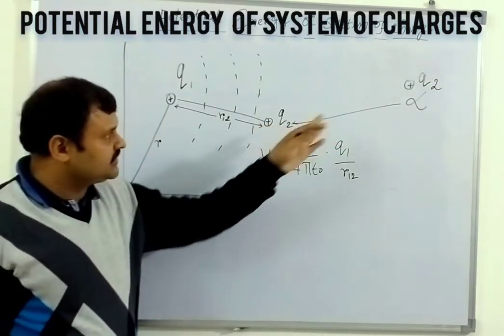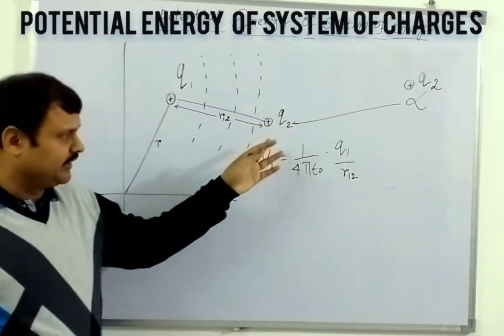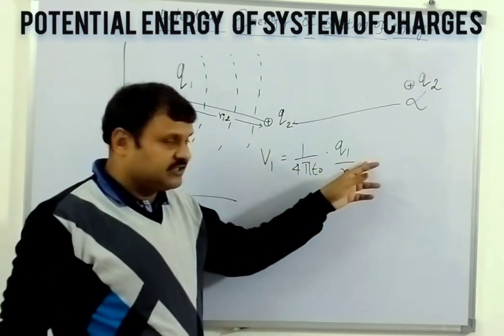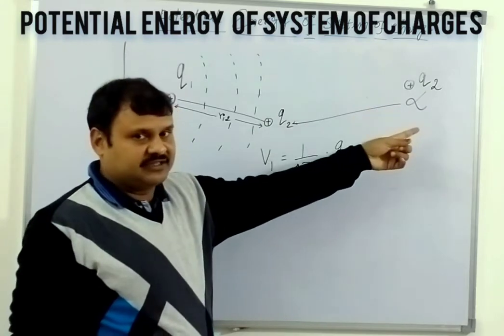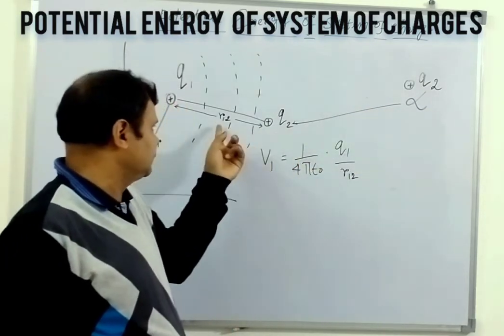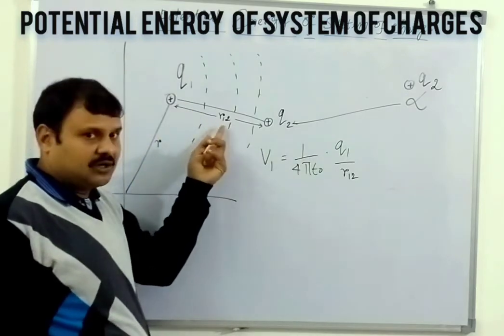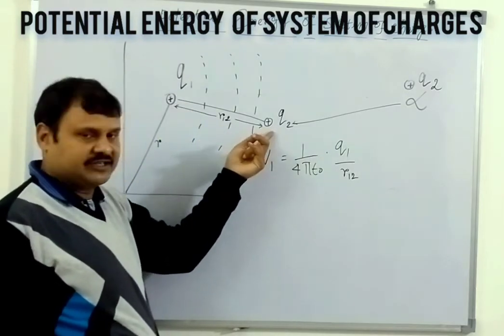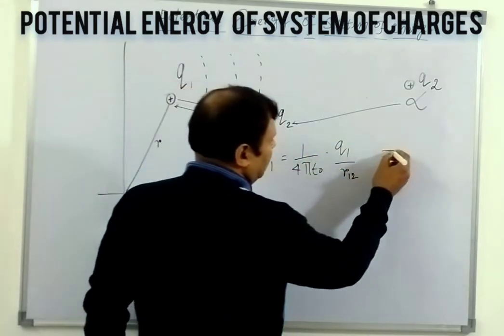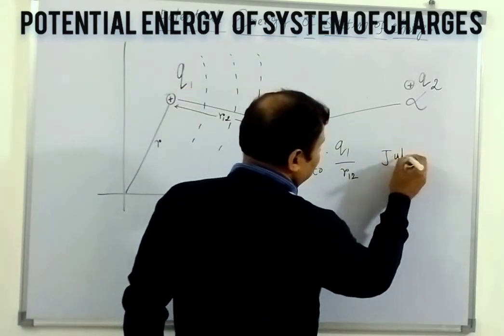To bring this q2 charge from infinity to this configuration, we need to do some work. What does this potential mean? It means that if you bring a unit test charge from infinity to the distance r12 from q1, we need to do this much work, joule per coulomb.